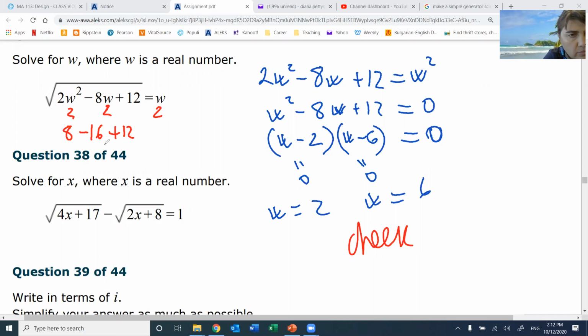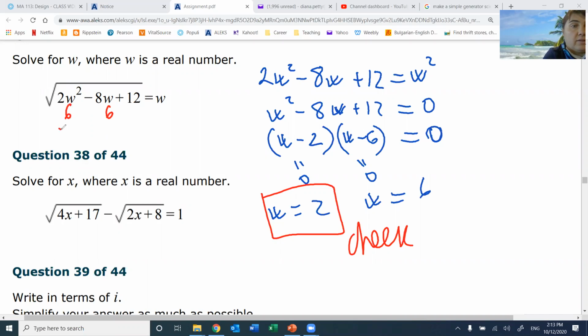Minus 8, 4. The first one checks. Right? How about the second one? Put 6 there and see what happens if we put 6. 72 minus 48 plus 12.